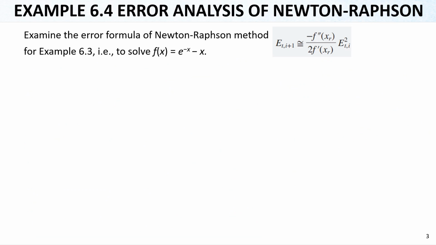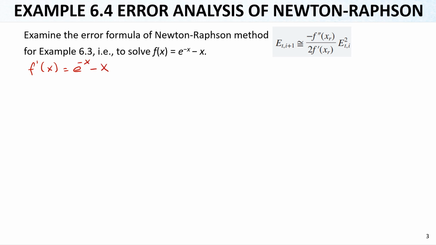Let's check the error in the Newton-Raphson method. And when we check the error formula, if you remember, this was the formula with the quadratic values and the second derivative. So let's try to solve it for this example again, example 6.3. And again, the first derivative, f prime of x, is equivalent to e to the minus x minus x.